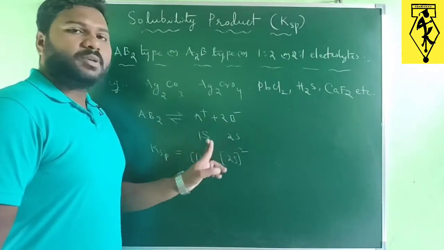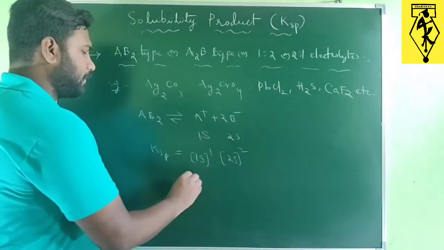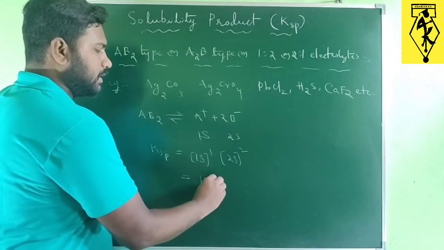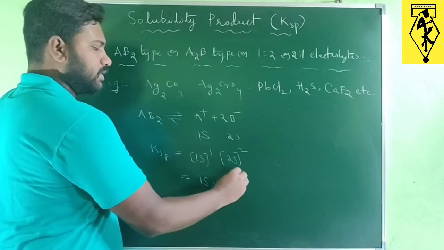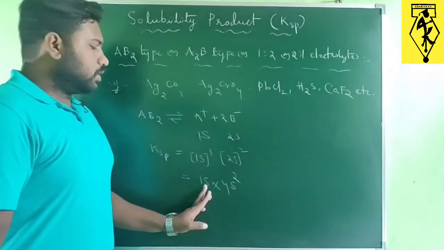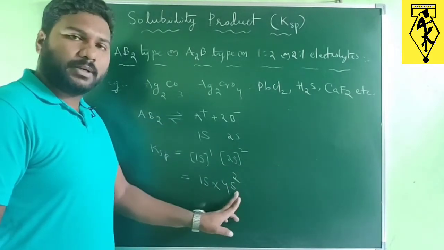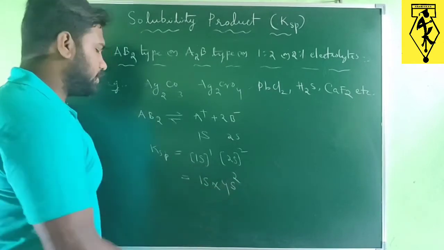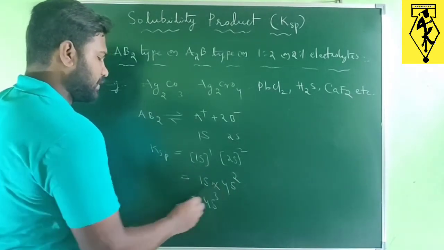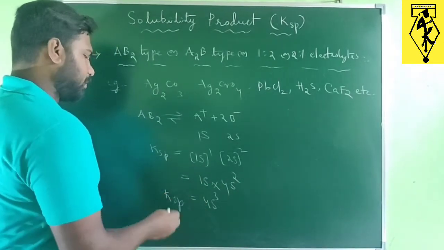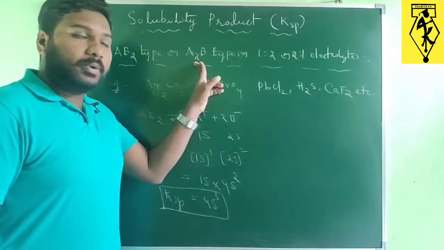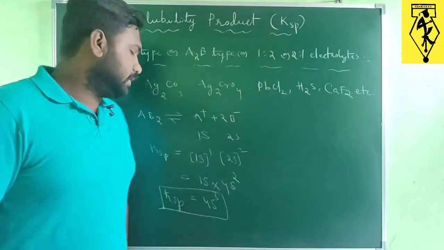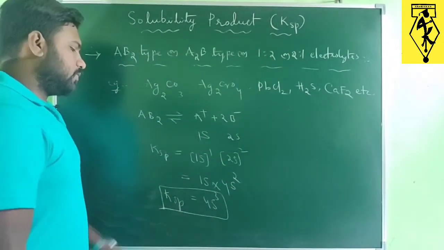These coefficients become powers of that concentration. That is 1S into 2 square, 4, and S square. Now the bases are common, we can add the powers, so it becomes 4S cube. So Ksp for this AB2 type, or A2B type, or 1:2 or 2:1, the Ksp formula is 4S cube.